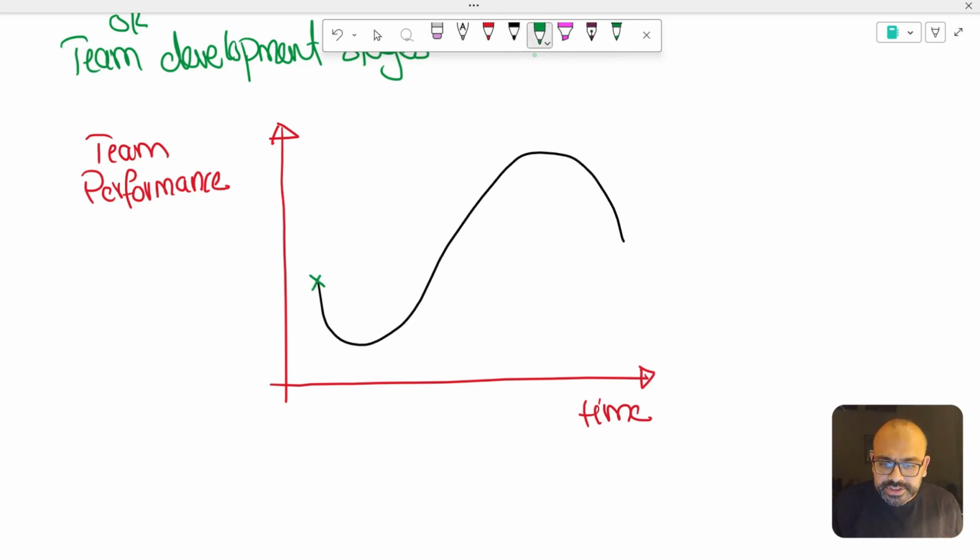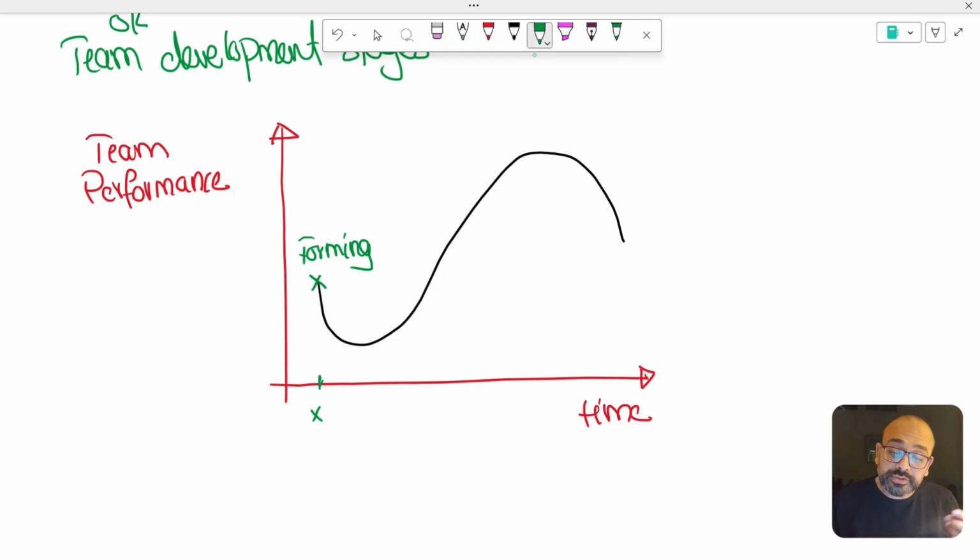This is the first stage where the team members form together. They meet together. They get to know each other. This is known as the forming stage. It happens at the start of the project.